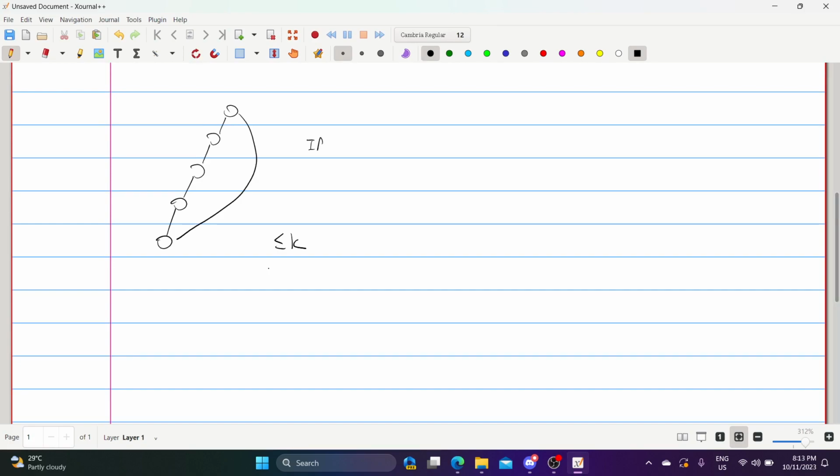If case 2 is impossible, then this means that either there are no cycles, which means it's a tree, or all cycles have length more than k.